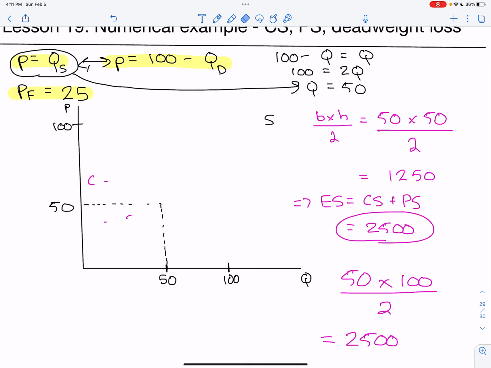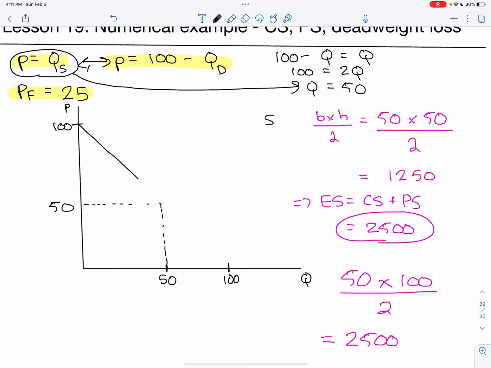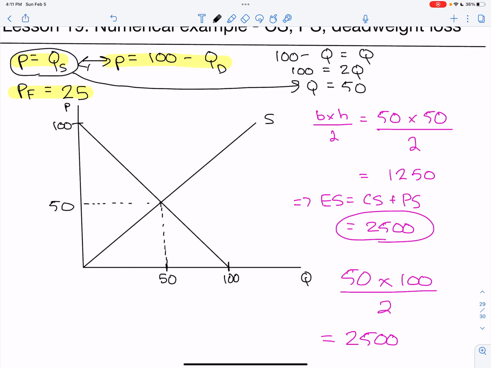Let's tidy this up. We are now going to impose a price floor.